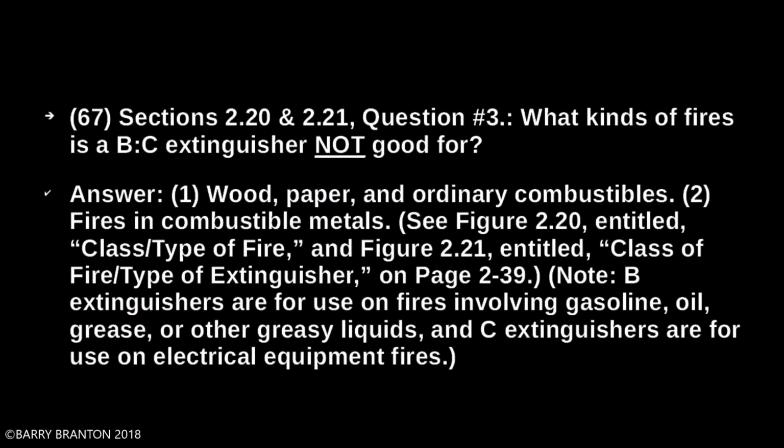Wood, paper, and ordinary combustibles. Fires in combustible metals. Note: B extinguishers are for use on fires involving gasoline, oil, grease, or other greasy liquids, and C extinguishers are for use on electrical equipment fires.